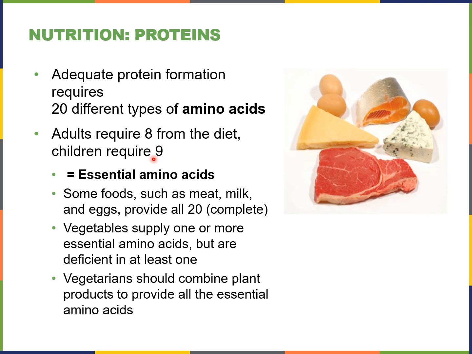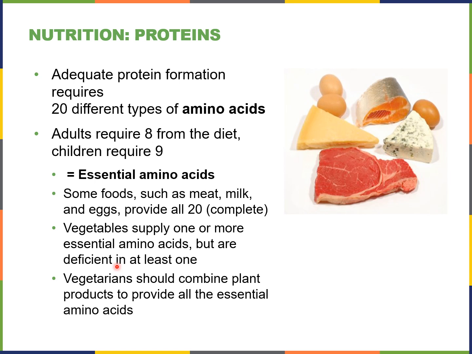Okay, so some foods like meat, milk, eggs, those provide all 20. Those are considered complete foods. Vegetables usually supply 1 or more essential amino acids, but they're always deficient in at least 1. So for vegetarians and vegans, you've got to kind of think about this to make sure that you're getting the right essential amino acids in your body and making sure that your diet is staying on track.